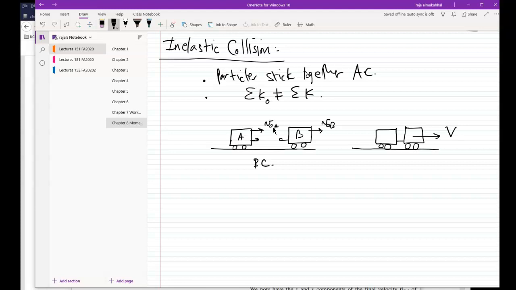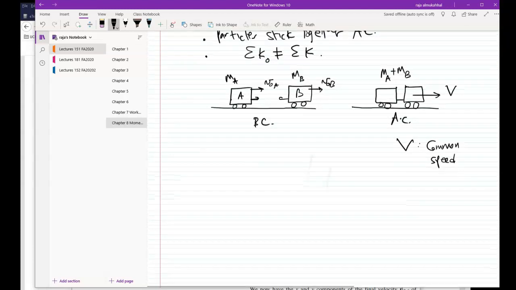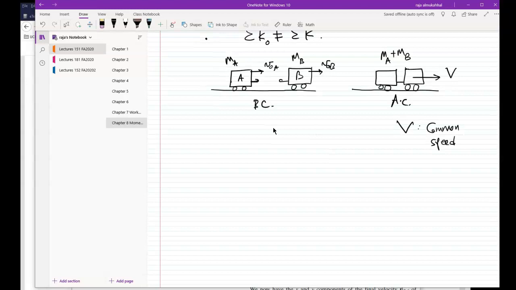So remember, big V is the common speed: the speed of both particles after collision when they stick together. Got it? Okay, so let's assume this one has a mass m sub A and this one has a mass m sub B. So what is the total mass of the object after collision? Well, it's just going to be m sub A plus m sub B, right? Now, momentum is still conserved. In other words, for elastic or inelastic, momentum is always conserved. You got it?